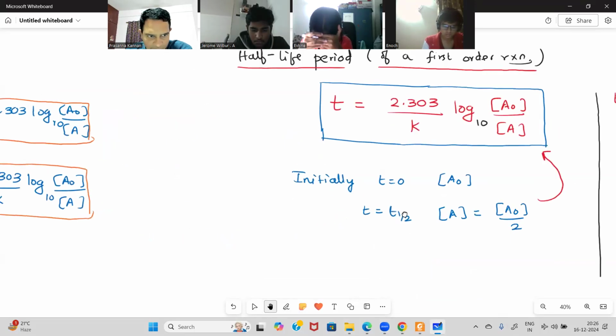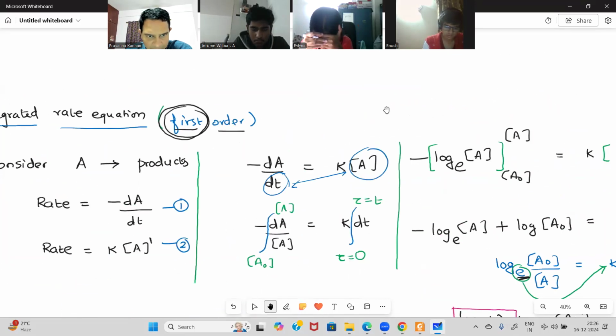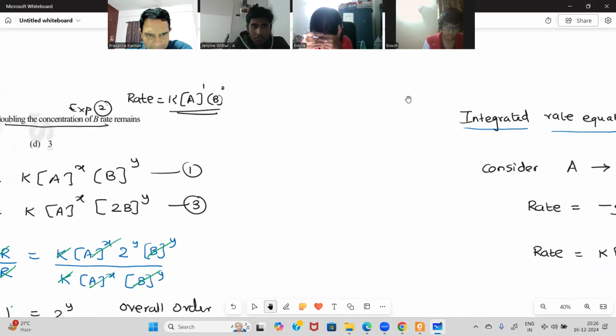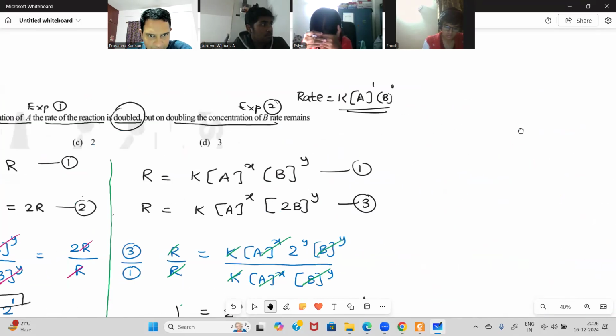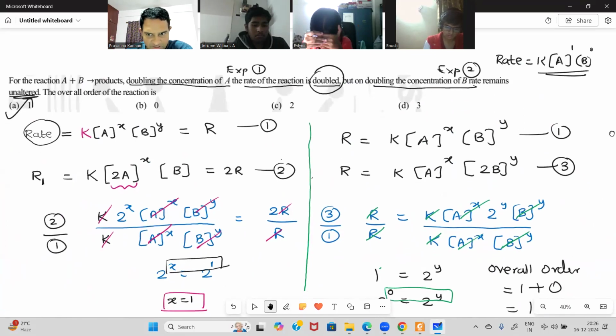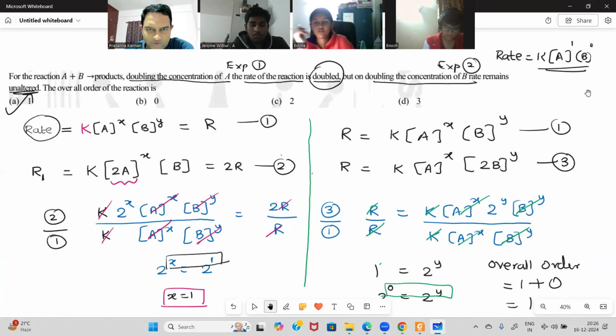Students, quickly we'll do a revision of the whole thing now. Just observe this question, students. I was telling you how you can calculate mentally. Here, for a reaction A plus B producing products, doubling the concentration of A, keeping B's concentration constant, the rate of the reaction gets doubled. In a competitive exam, there is no need to do the solving; you can do it mentally.